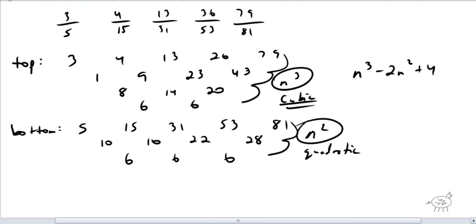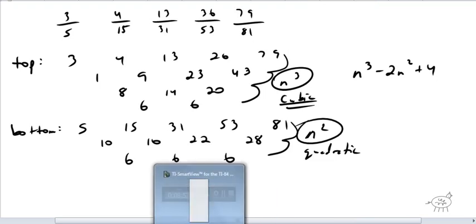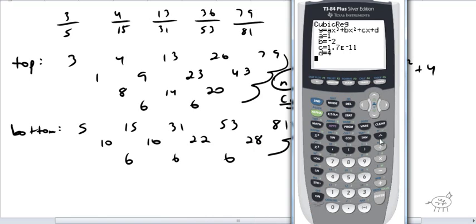Okay, let's put the bottom one in now. Let's clear this out. We'll hit Stat, Edit, and I can leave 1, 2, 3, 4, 5 there for L1, and for the bottom it's just going to be 5, 15, 31, 53, and 81.